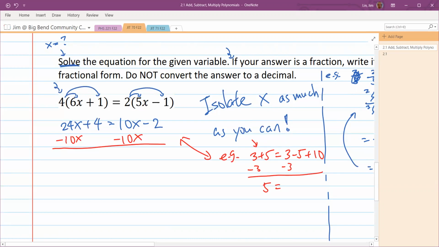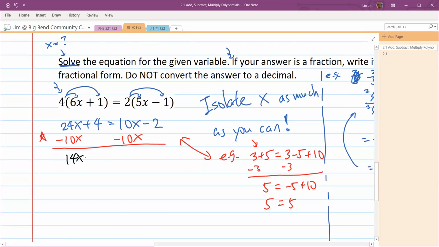I have 5 equals negative 5 plus 10. That equation is still valid because negative 5 plus 10 equals 5. That's why this technique works. The operation has to work in this way for addition and subtraction.